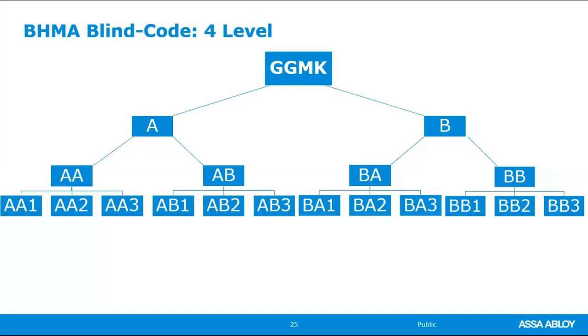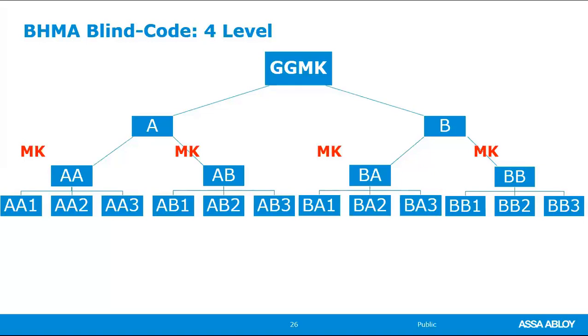When you're thinking about the hierarchy of master keying, just think of Lord of the Rings. You have many rings, but one ring to rule them all. No matter how many levels you move up, you're always going to have a top master key.